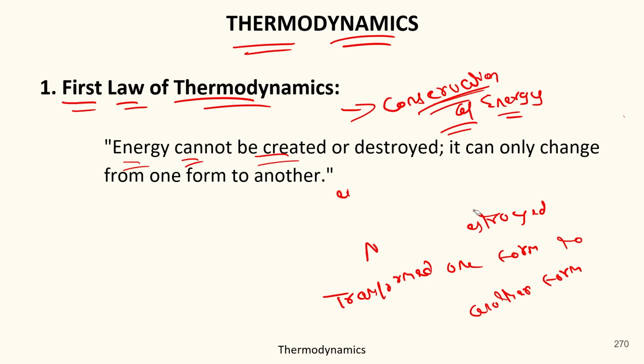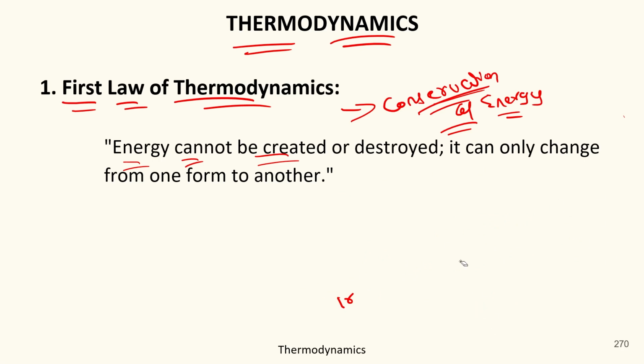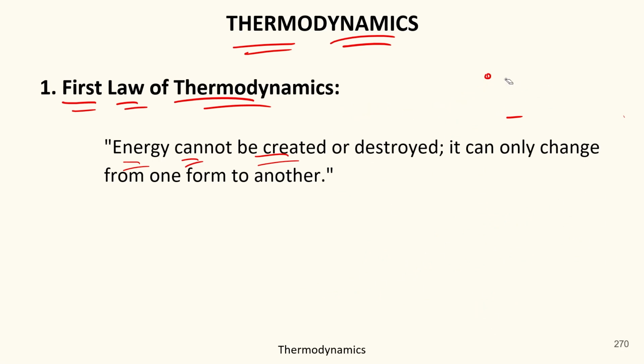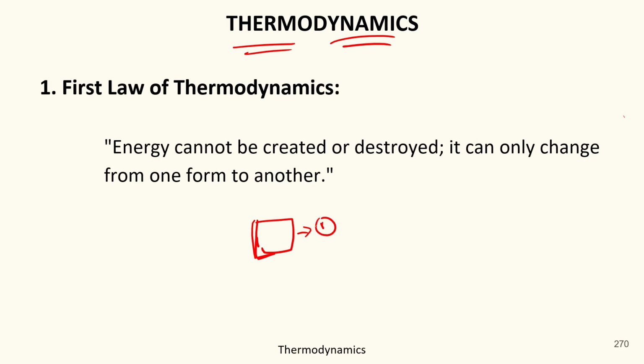So let's take an example first. Suppose there is an object which comprises energy A, with 100 units of energy, or basically, energy is measured in the unit joule.